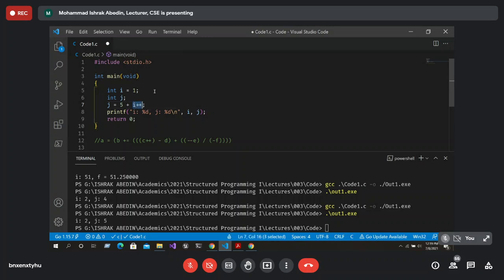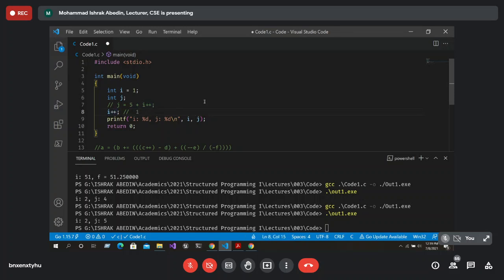Remember, each expression can be evaluated. Like if I write i is equal to 10, this can be evaluated as just 10, right? Yes, sir. However, if I write i++, and if the previous value of i is 1, this expression will be evaluated as 1.